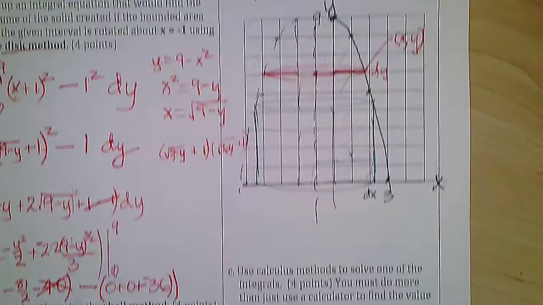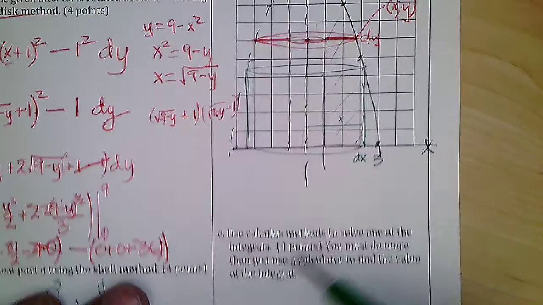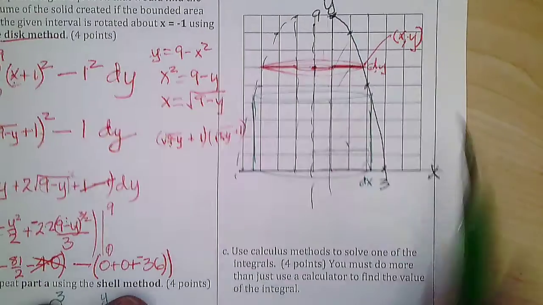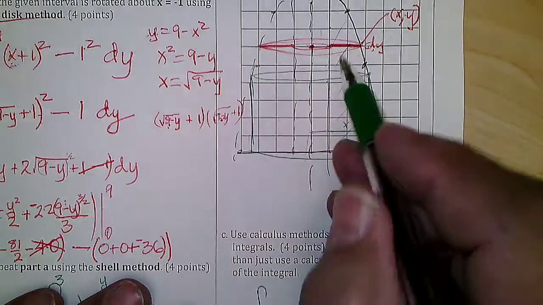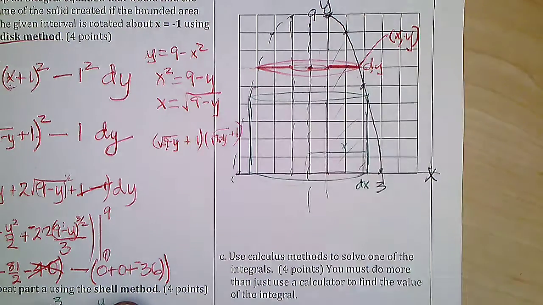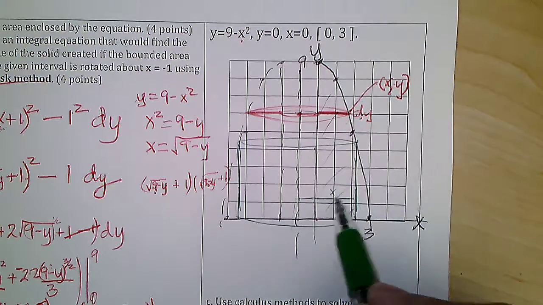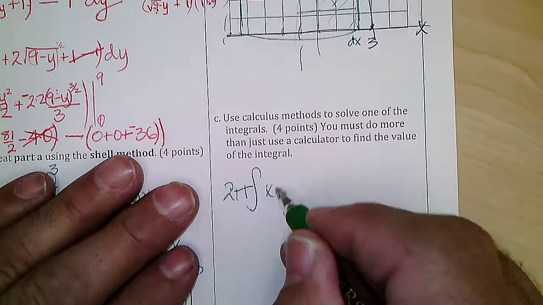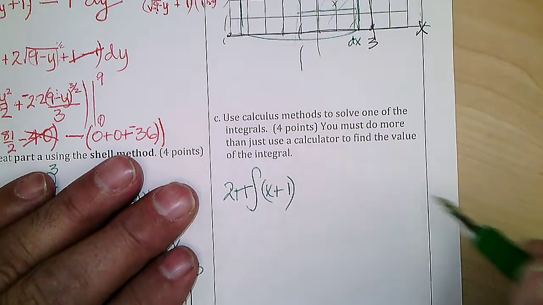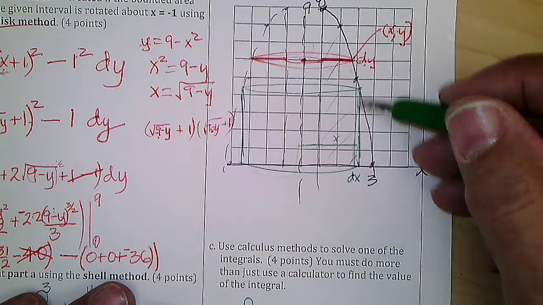All right, let's say it again. I forgot. The picture's up here and this is down here. I'm so sorry. All right, do this again. We have the integral 2 pi r, so 2 pi, the r is x plus 1, and then this direction is y, which is 9 minus x squared.